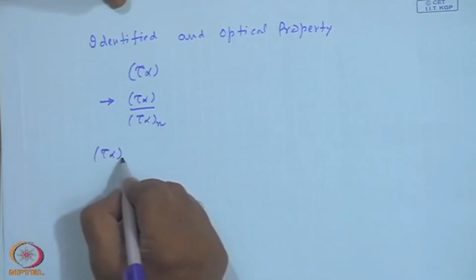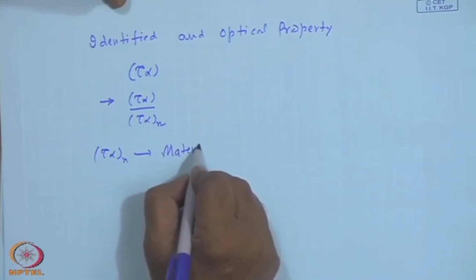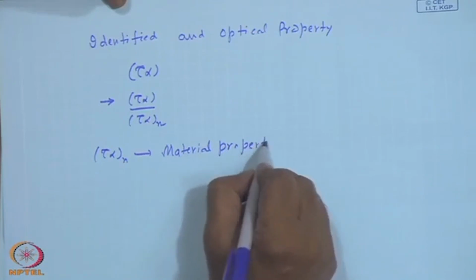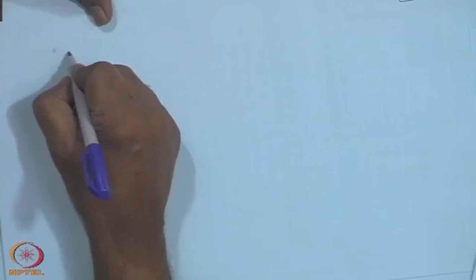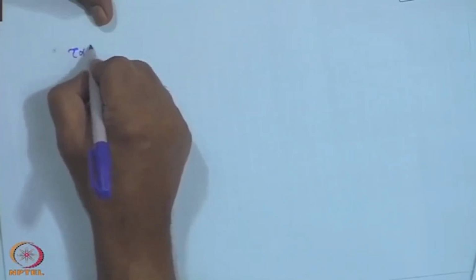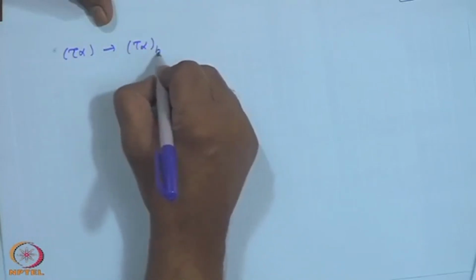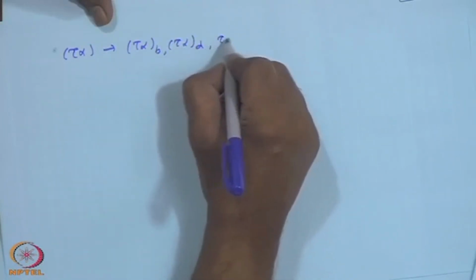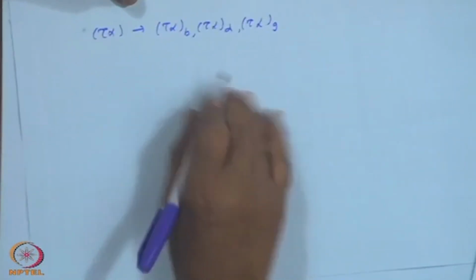Tau alpha normal is a material property. Then we realized tau alpha to be comprising of a component for the direct radiation, a component for the sky diffuse radiation, and a component for the ground reflected radiation.